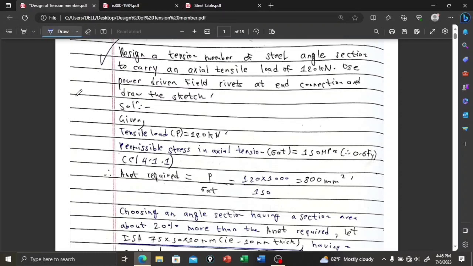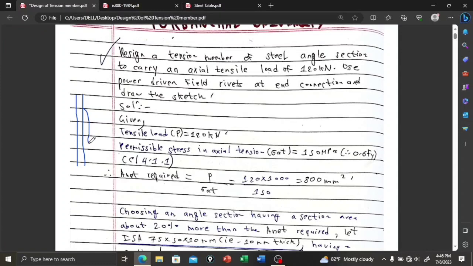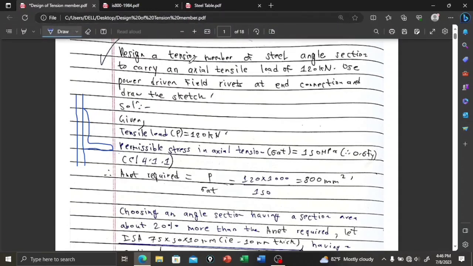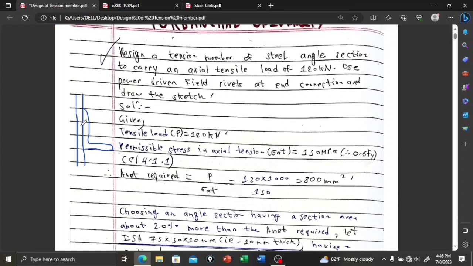In the first case, there is a gusset plate, and here is only one angle, and in this WSM working stress method we use rivet to connect this angle with the gusset plate.